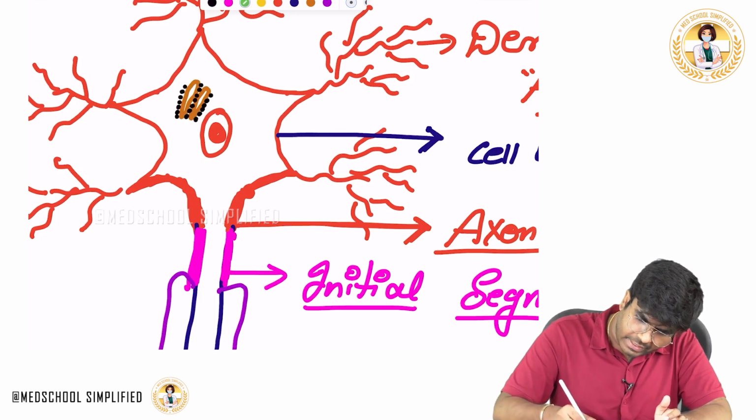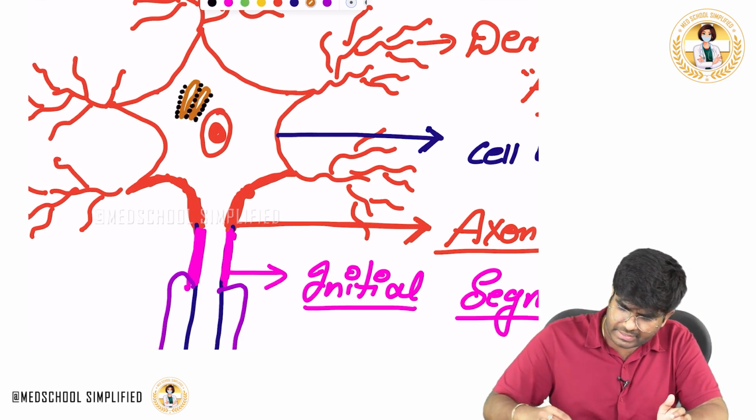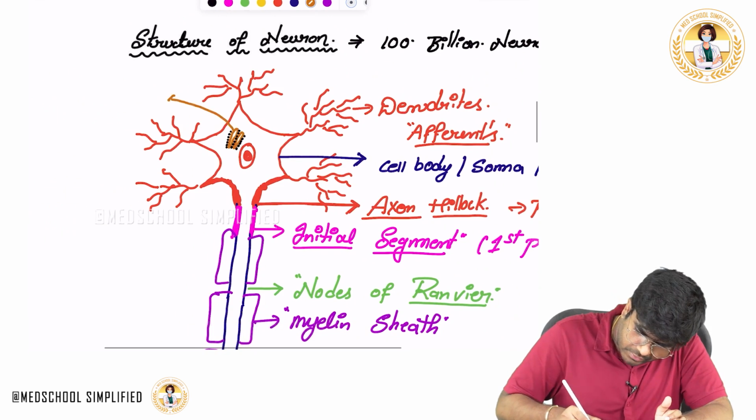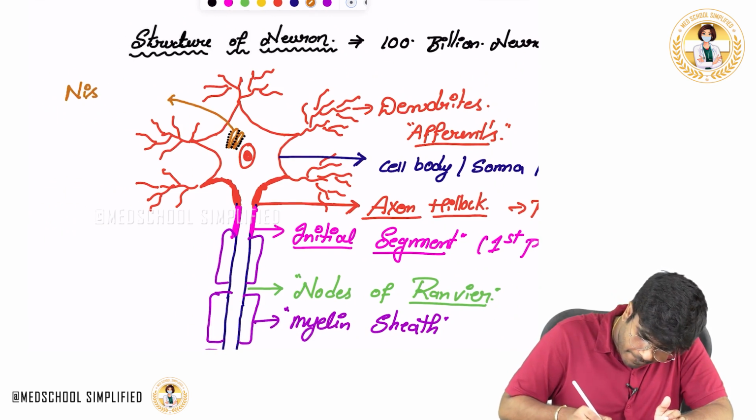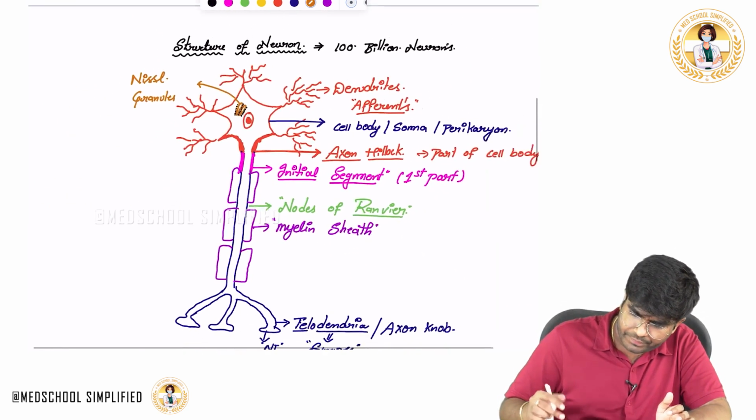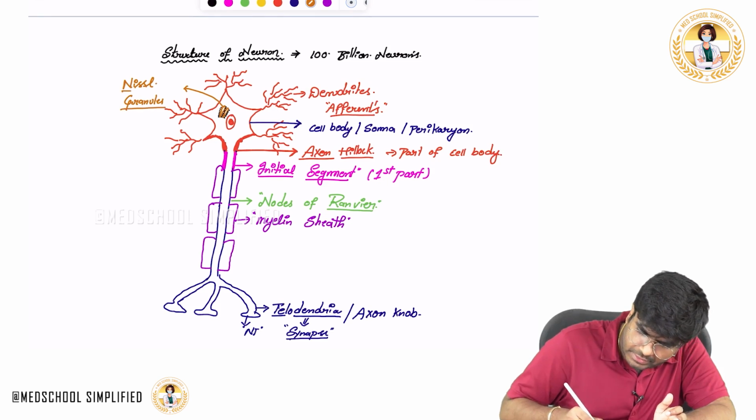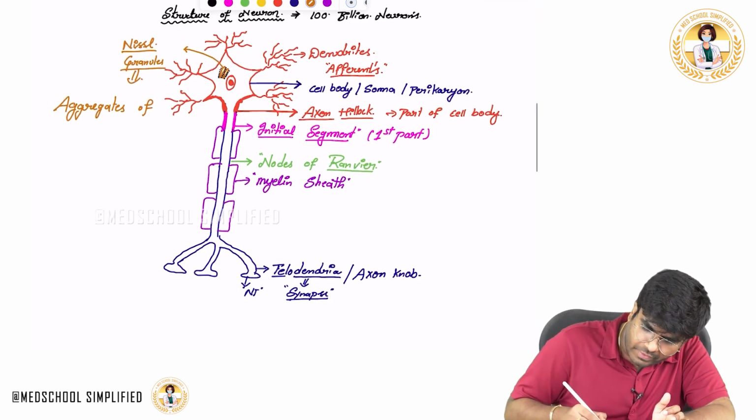What are these Nissl granules made up of exactly? These Nissl granules are nothing but aggregates of rough endoplasmic reticulum.